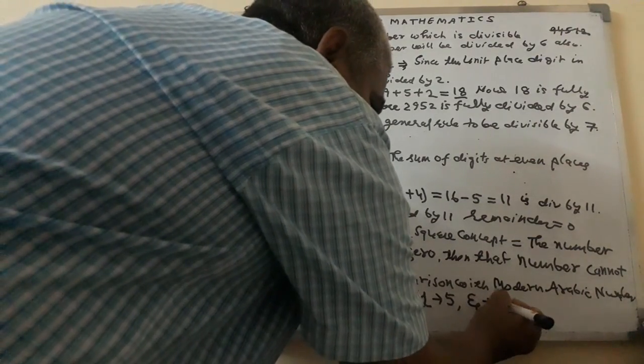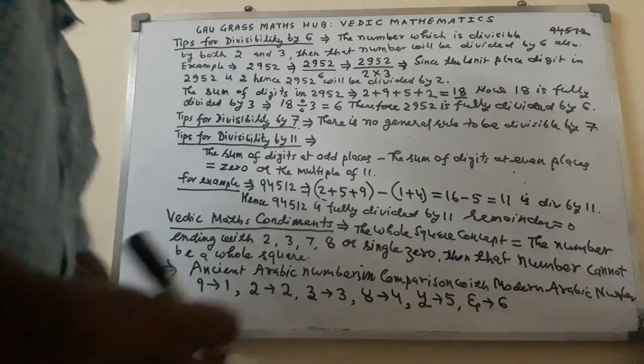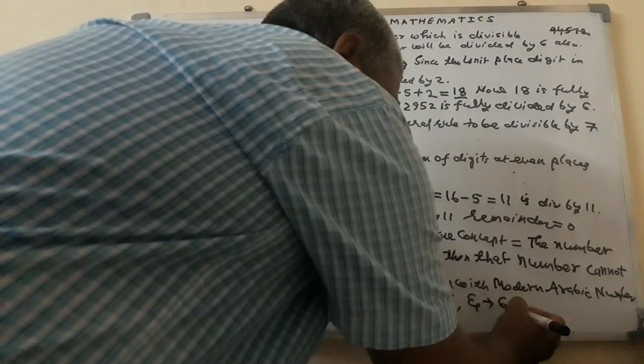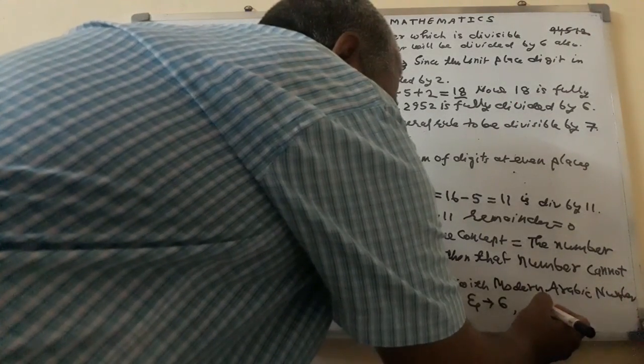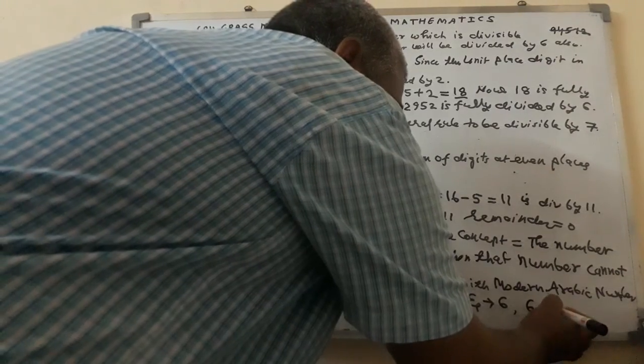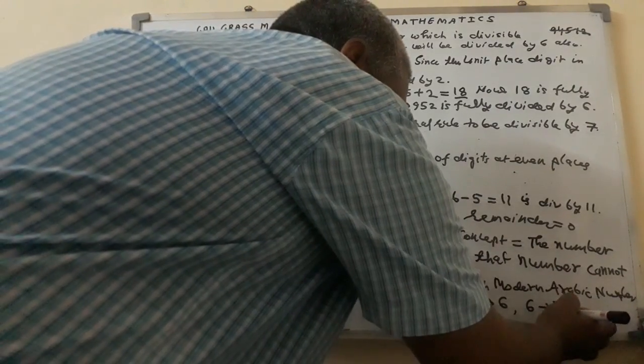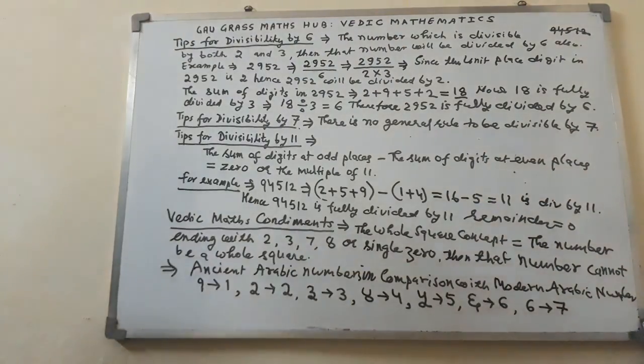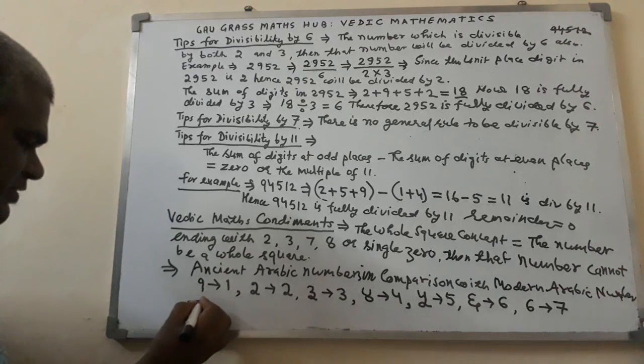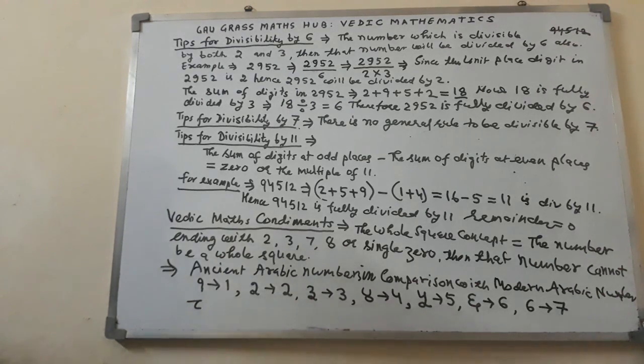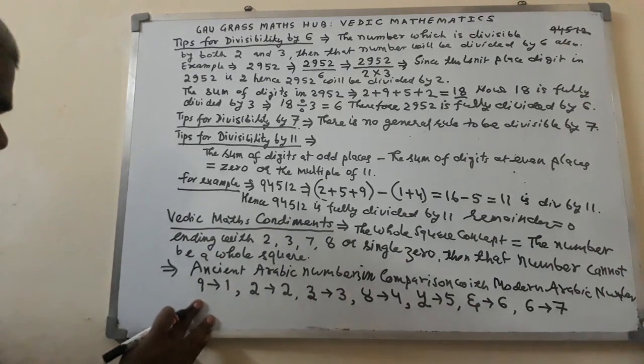For 7, this is 7 in English. Now here I shall write 8. 8 will be written in ancient Arabic number like this.